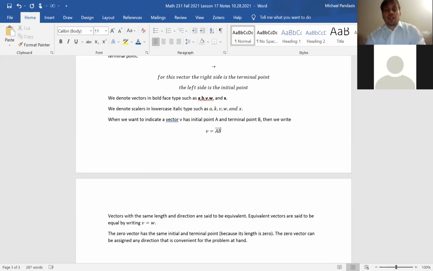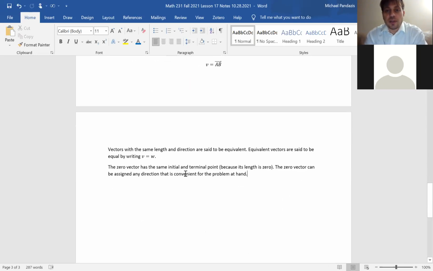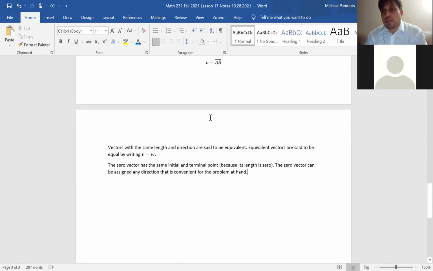Unique to the zero vector is that it doesn't matter what its direction is, so two zero vectors are equal even if they have different directions. That's only true for the zero vector. If a particular problem needs a certain direction, you can just assign it that direction, and it's the same vector regardless of the direction.